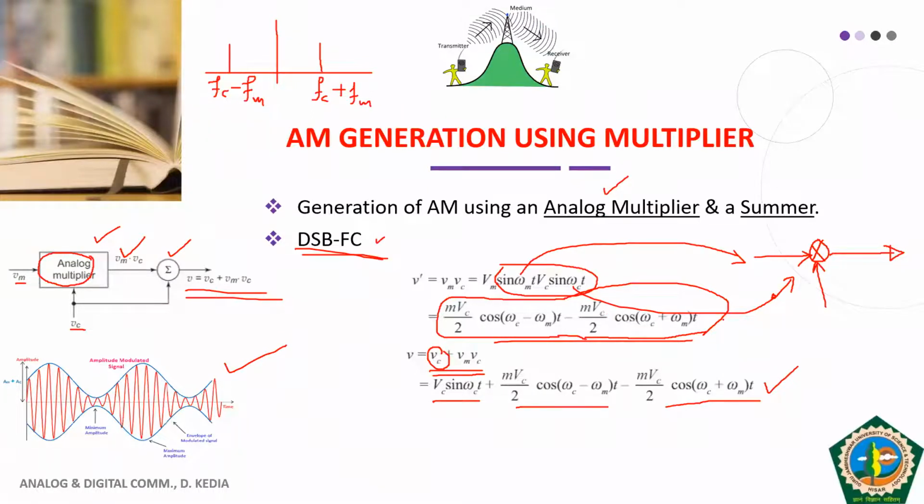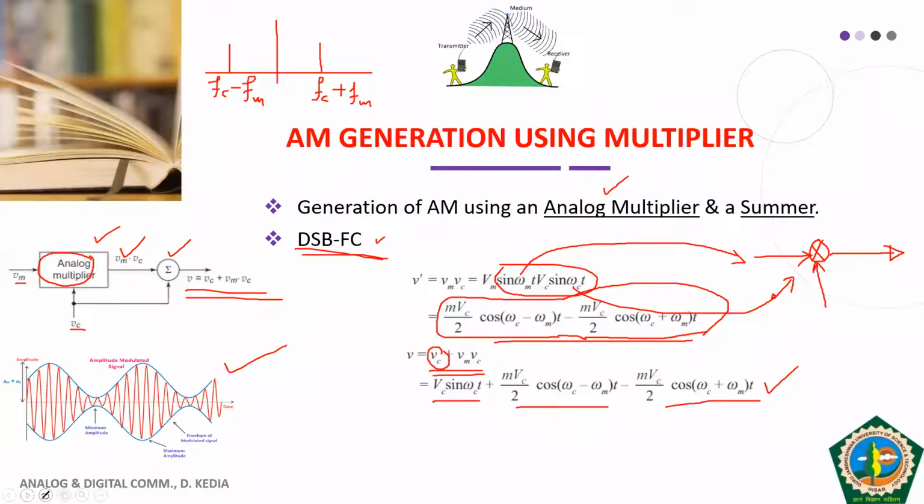So students, this was a simple generation of AM signal using a multiplier and summer. Now we look at one more method of generation of AM signal. And again, you will feel that we are first generating the AM signal with the help of mathematics, and then we are using our concept to generate a block diagram out of that mathematics.